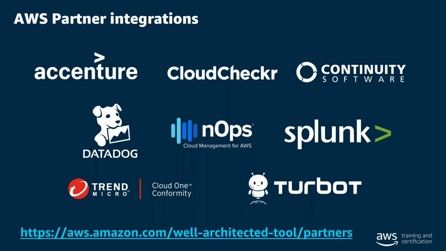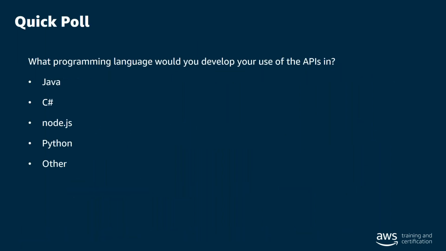We will keep a constant list of who have integrated at the URL located at the bottom, aws.amazon.com/well-architected-tools/partners. So if you are curious, you can always go look there to see who our current integrations are with.